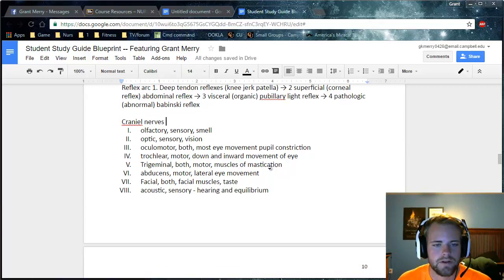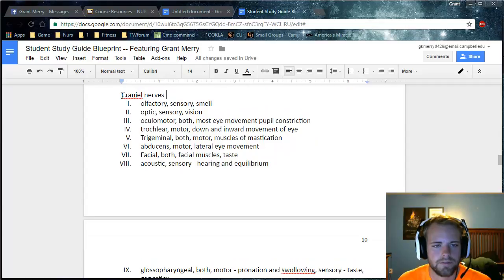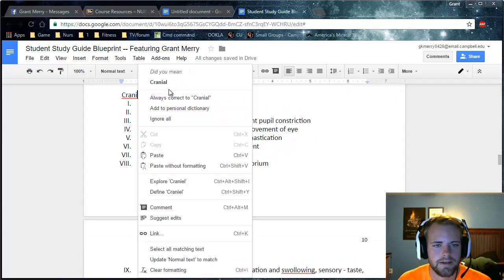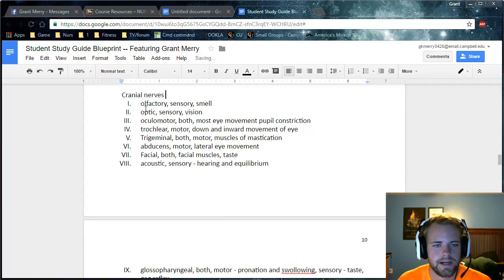The cranial nerves are important. I believe the professor mentioned them in her slides at least 3 times. You have olfactory, sensory, smell. Optic, sensory, vision. Oculomotor, motor. Trochlear, motor. Trigeminal, both. Abducens, motor, lateral eye movement. If you remember, it's 3, 4, and 6 that you test for the eye region.